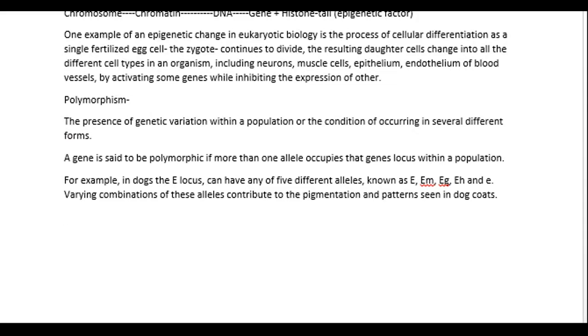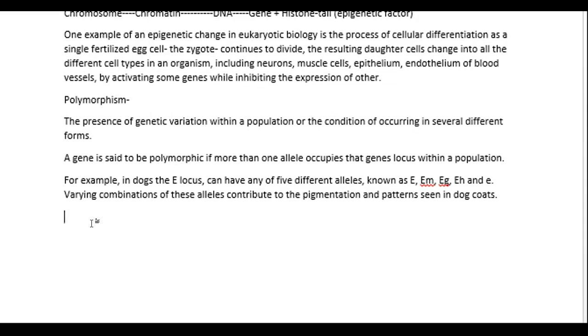The presence of genetic variation within a population is called polymorphism. There are many examples for this, like slow accelerators and fast, rapid metabolizers. We'll be discussing that in detail in future.